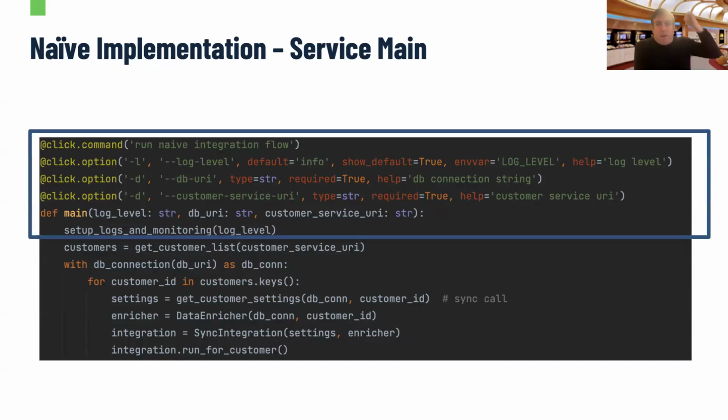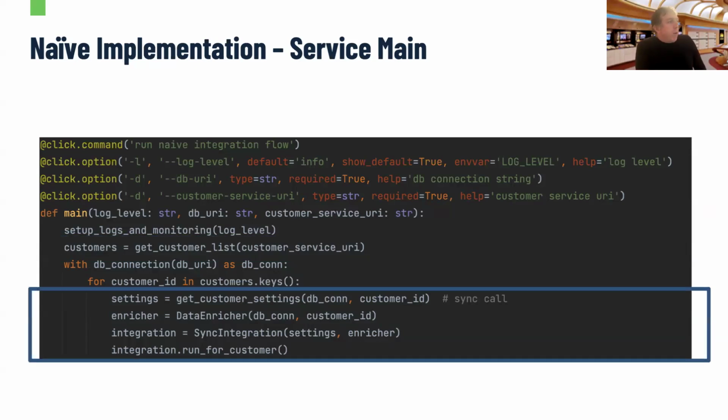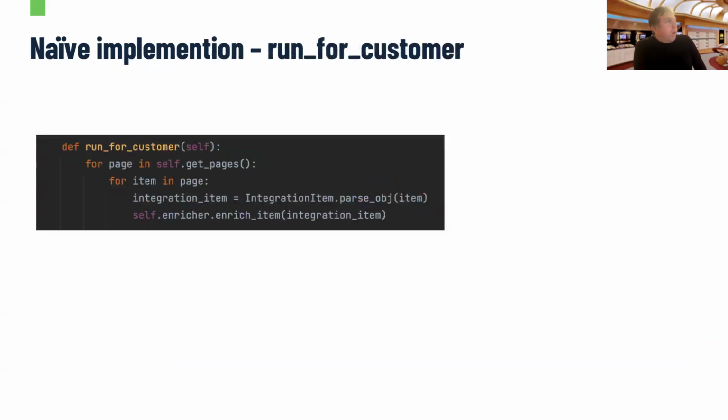You define all the bootstraps needed, and then you get the list of customers, and then for each customer you do the enrichment. So you get the settings and you run the enricher on the information, and then per customer you get the information from the integration system and enrich it and write it into your database, right?